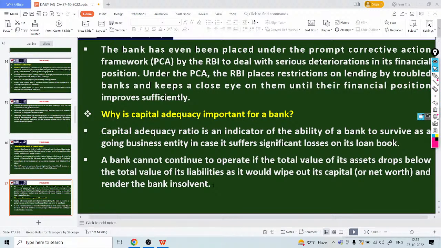Fine. What are the bank's assets? Bank assets are the loans. So the total value of its assets, that means loans, drops below the total value of its liabilities, the deposits.